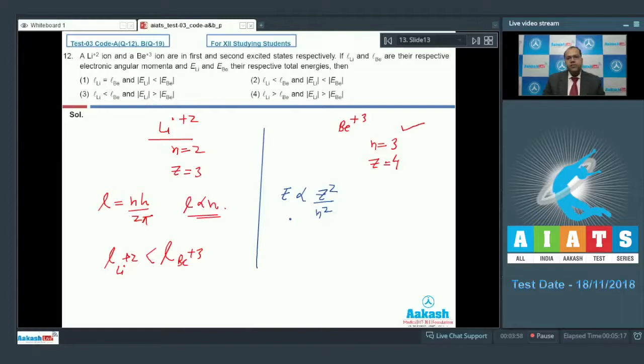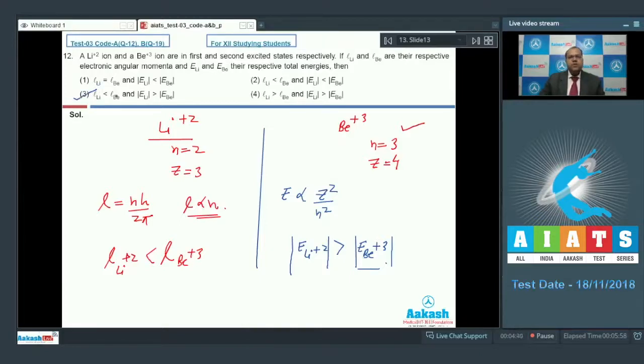The values of N and Z are known for Li plus 2 and Be plus 3. On comparison, we will find that the E of Li plus 2 is greater than the E of Be plus 3. Here we are comparing their magnitude. If I check the options, then option 3 is the correct answer.